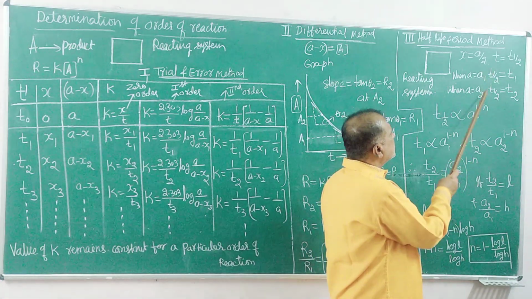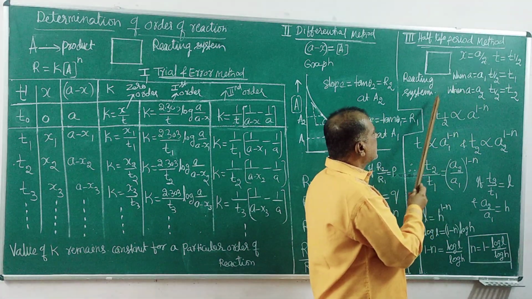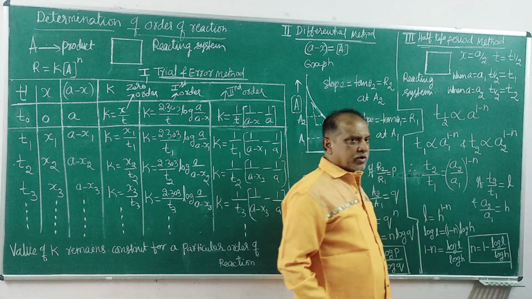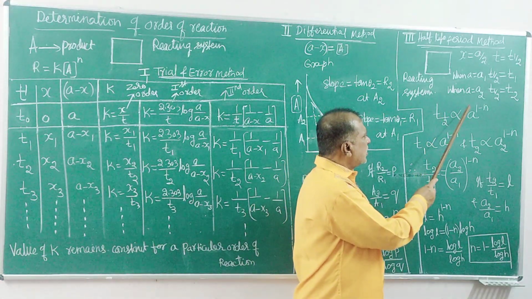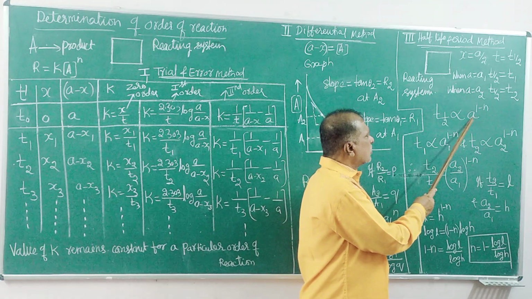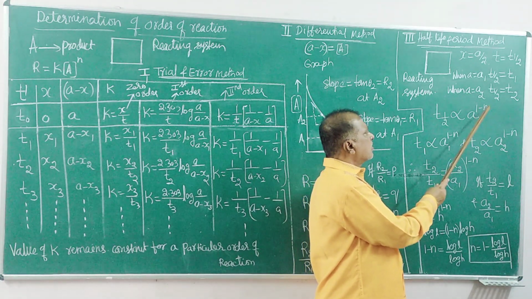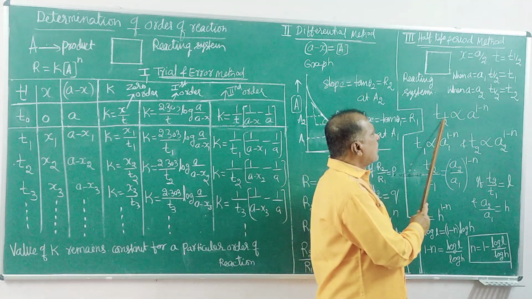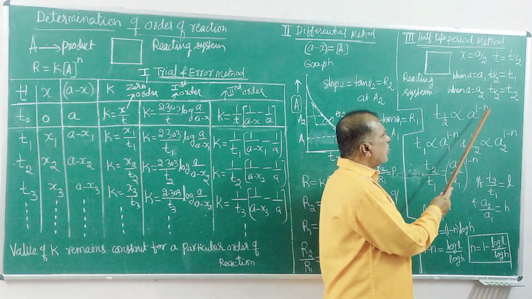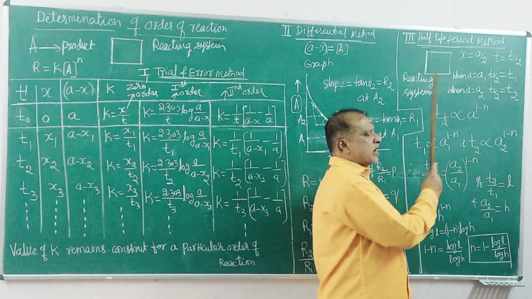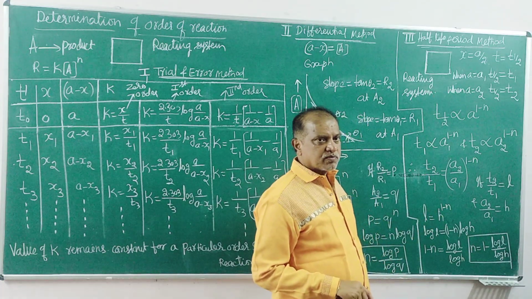Then using these sets of values, recall the mathematical expression from the previous class: the half-life of a reaction is directly proportional to A to the power of 1 minus n, where the half-life depends on the initial concentration and the order of reaction.